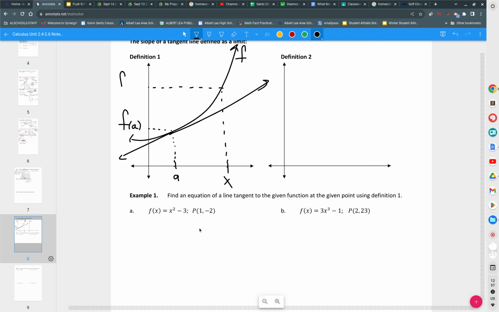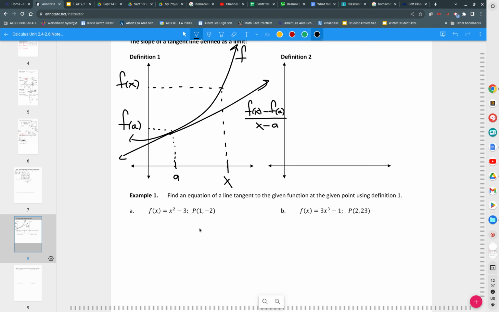F of X. In order to find slope, we just do y sub 2 minus y sub 1 over x sub 2 minus x sub 1, correct? So I have the following statement: f of x minus f of a over x minus a. That slope would approximate the slope of the tangent line.